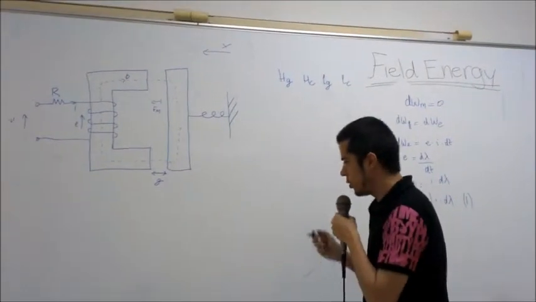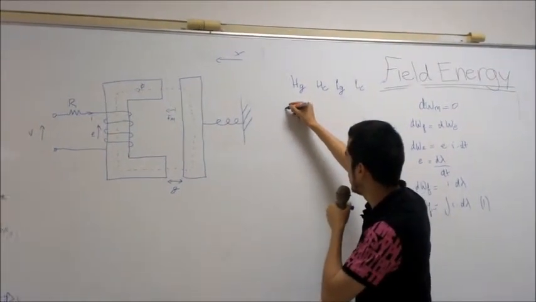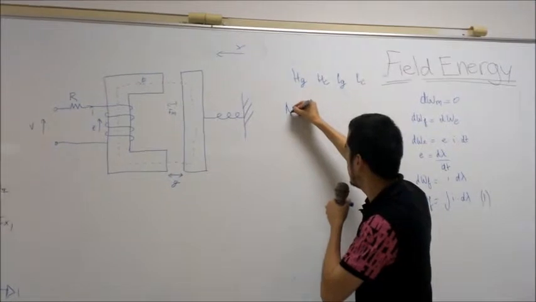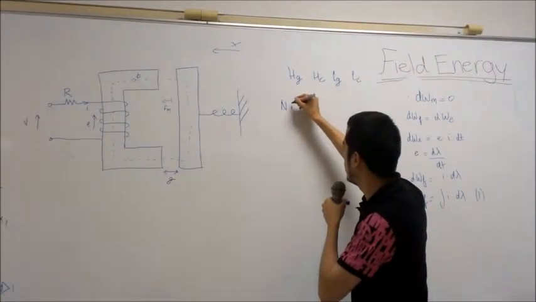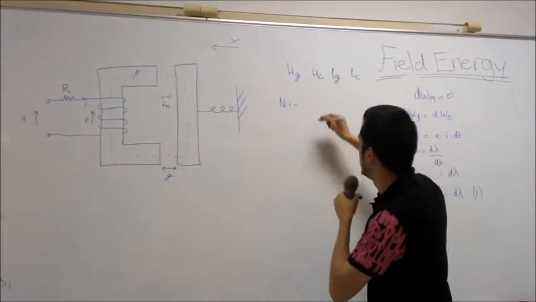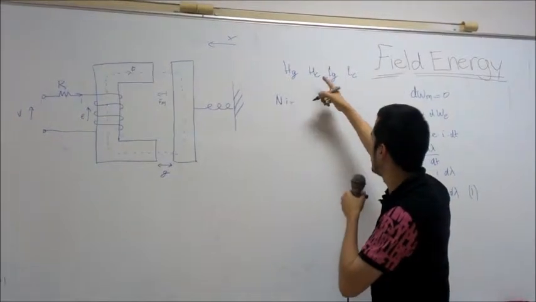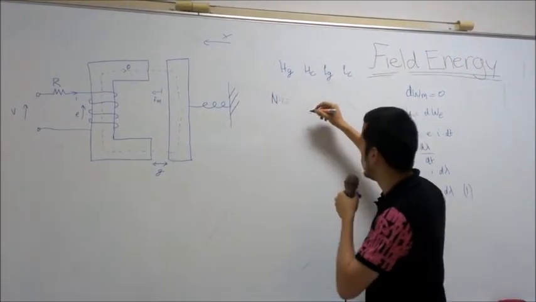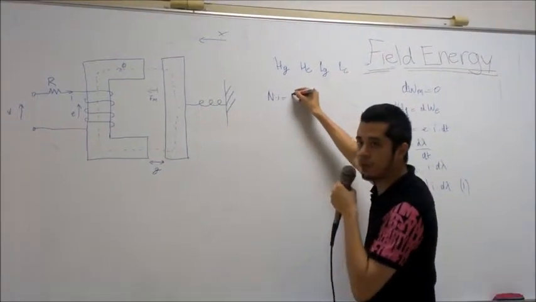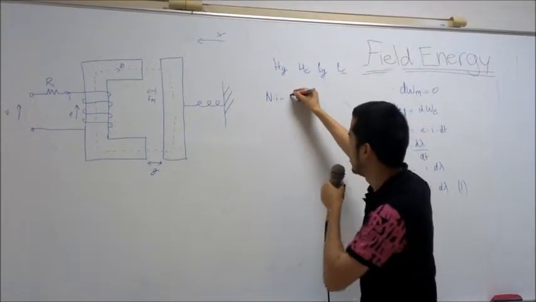Now we know that the number of turns n times the current i must be equal to the magnetic intensity of these two times their respective lengths.